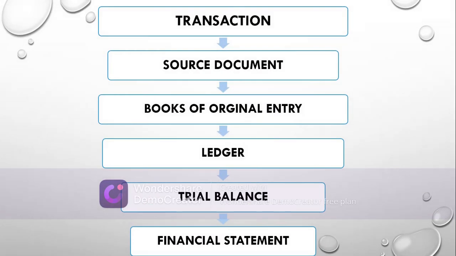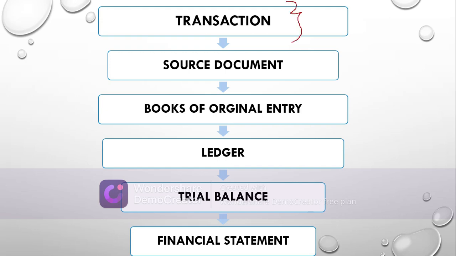Here is the list or series of steps and processes a company must follow to record, analyze, and report its financial information. First on our list is the transaction itself.